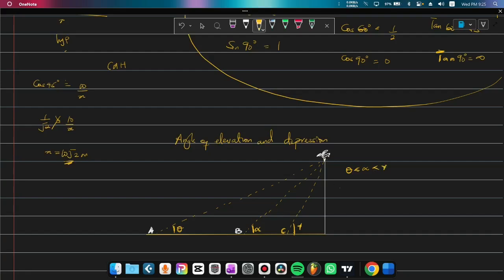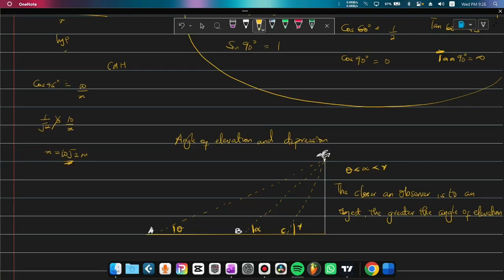And what does this insinuate? The closer an observer is to an object, the greater the angle of elevation. Okay, I think I need to add only one thing.